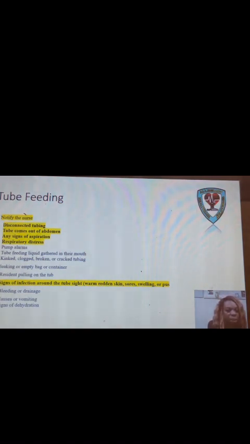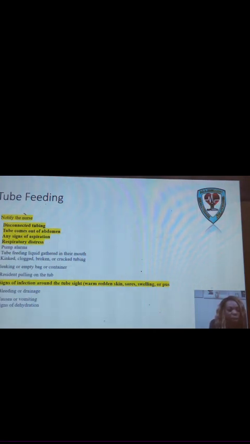You want to be observant of your resident that has tube feedings, and you want to notify the nurse if the tubing becomes disconnected, if the actual tube comes out of the abdomen, if the resident exhibits any signs of aspiration, and aspiration is inhaling water or fluid or a foreign object into the lungs. You want to notify the nurse if the person is in respiratory distress.